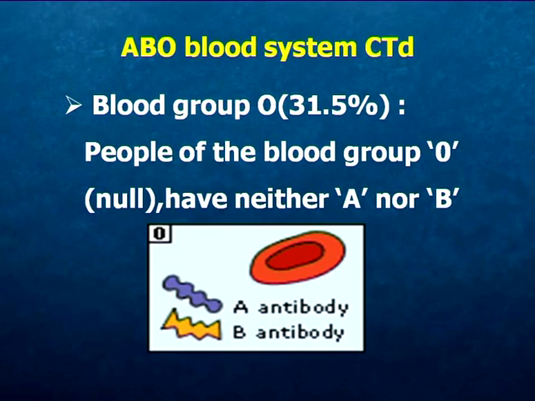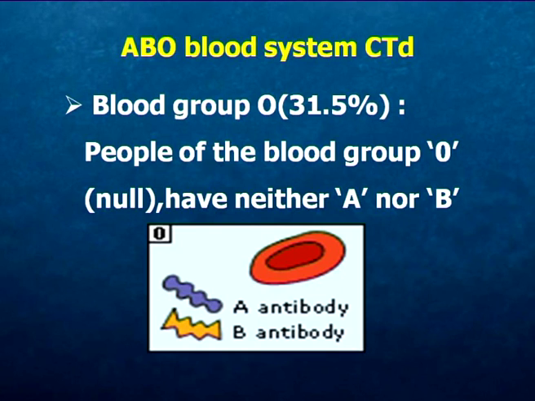Now, the ABO blood system, the next groups. Blood group O. Next to B, we have more people with O group when compared to A and AB people. Blood group O represents 31.5% of the Indians.